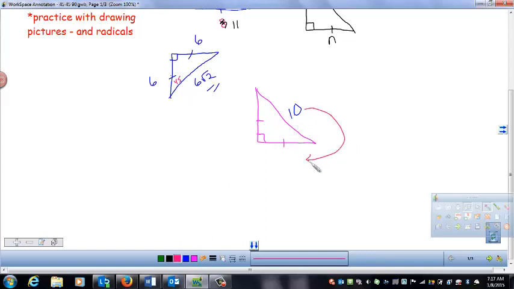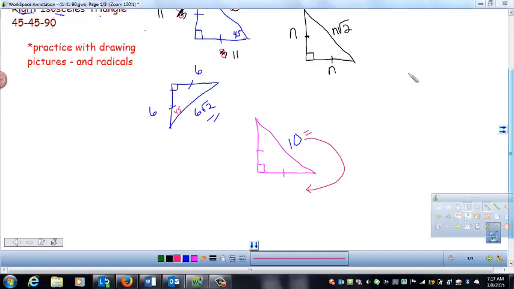In order to get this one, I go back up to my pattern, it was n root 2. So this equals n square root of 2, according to my pattern. So in order to get n, I have to divide by the square root of 2. So I'm going to take 10 divided by the square root of 2.